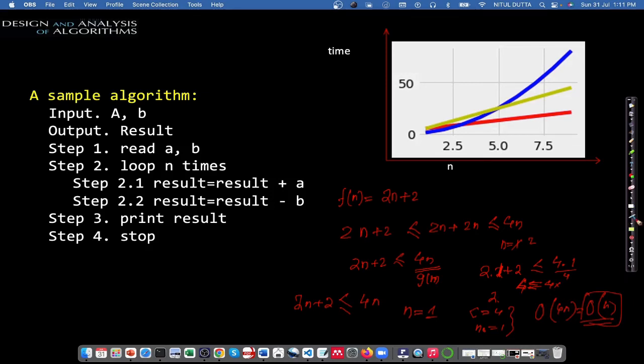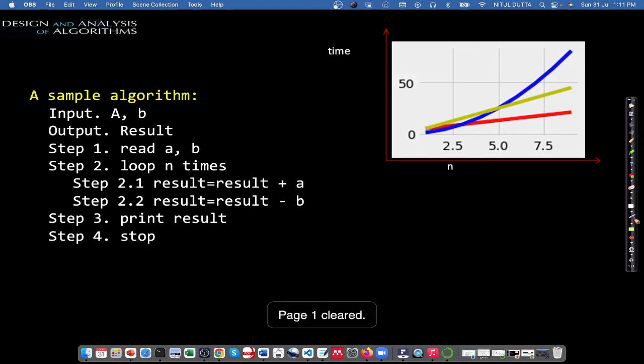Again, let us take one more example. Suppose the time complexity of an algorithm, say P2, is given as twice n square plus 3. Now we want to find a function g(n). How to find it?